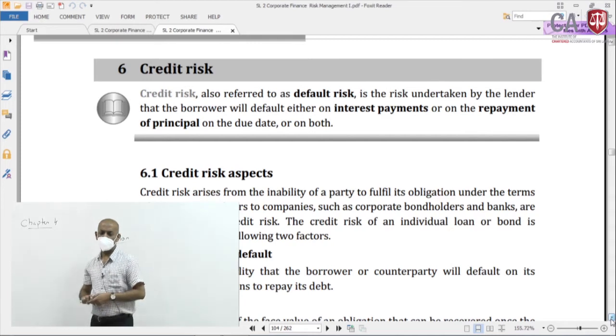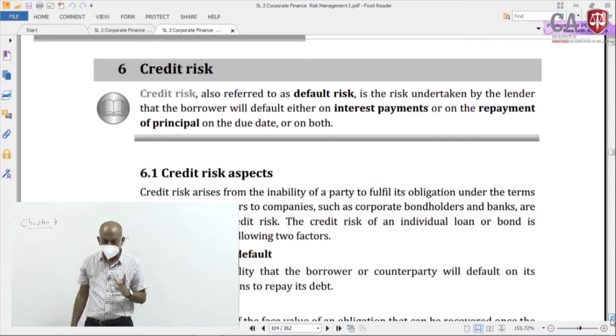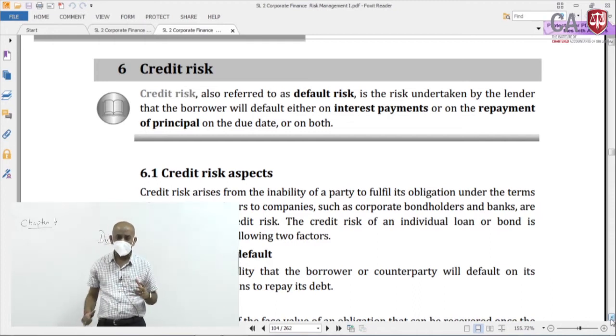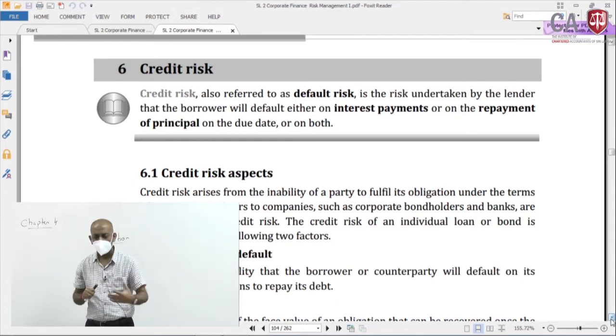There is another terminology relevant to bond-related investments, which is credit risk. As I mentioned earlier, it's about default risk. That is, whether your lender, or the company which issued the bond, will default on the interest or capital or both.